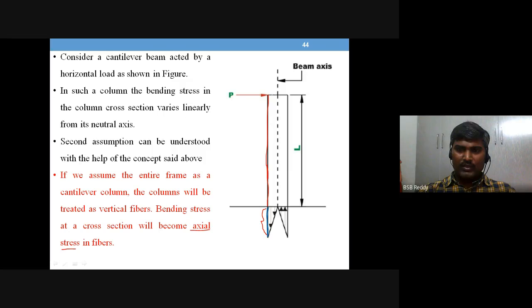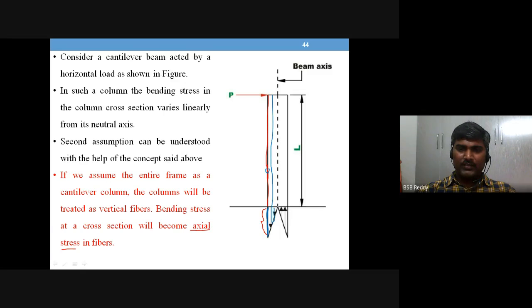If you imagine that there is one more column here, you see the stress is only this much, and if this is the column, the stress is this much.